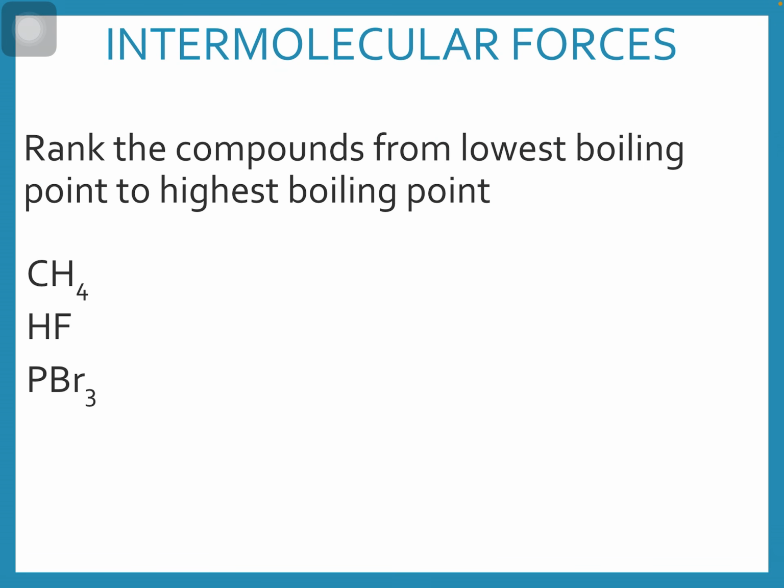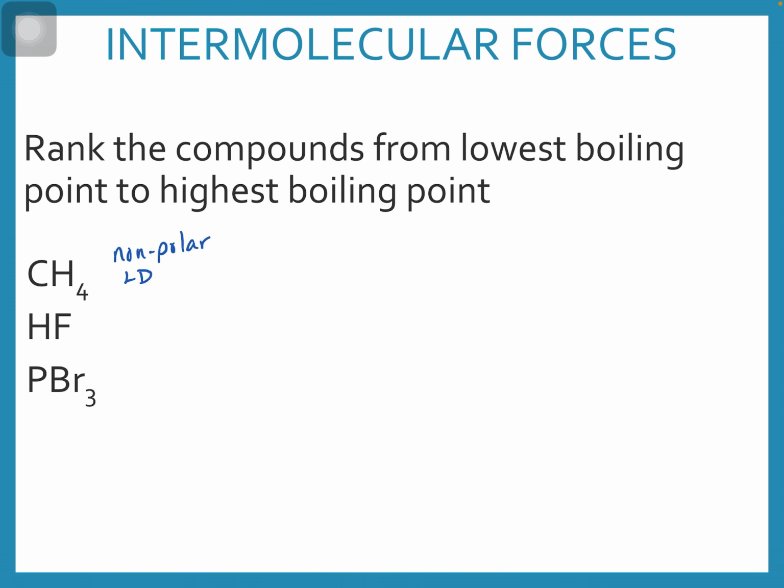And so methane is a non-polar molecule, which means it is going to have London dispersion forces as the strongest type of intermolecular force. That's the weakest type of force, which means that neighboring methane molecules are not going to be held very tightly together, which means not a lot of energy is required to move from a solid to a liquid and then from a liquid to a gas.